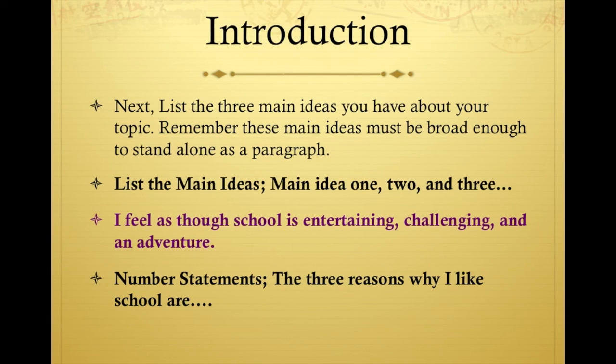I feel as though school is entertaining, challenging, and an adventure. Number statements: the 3 reasons why I like school are, or I would say the 3 ways that middle school is similar to elementary are, and the 3 ways they are different are. So I'm listing out ideas that show similarities and differences.